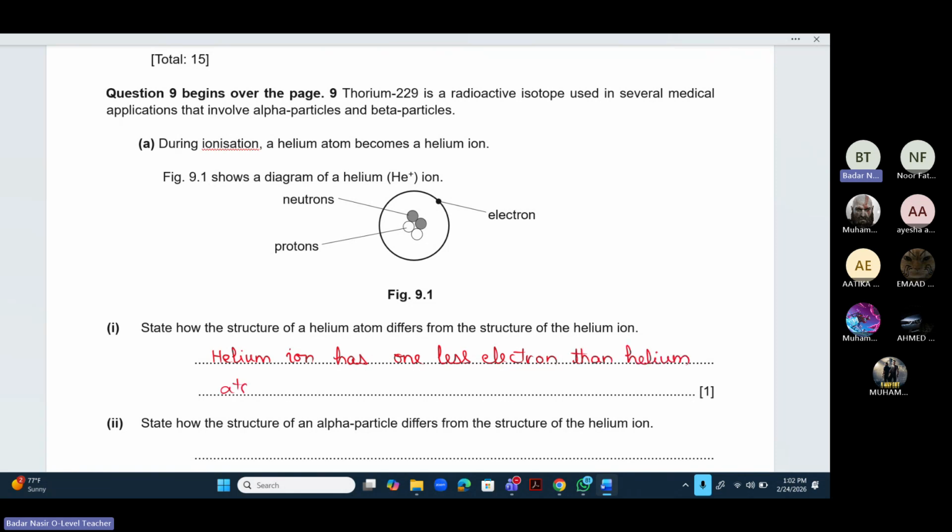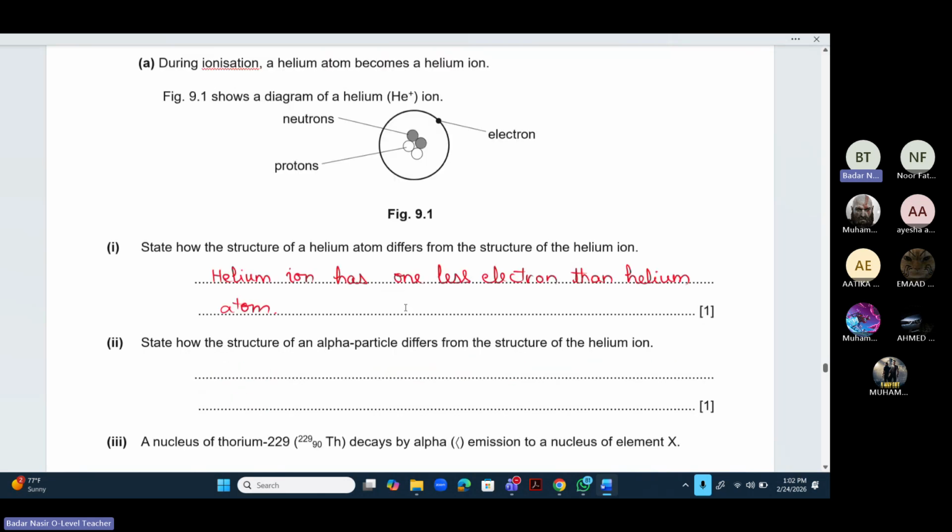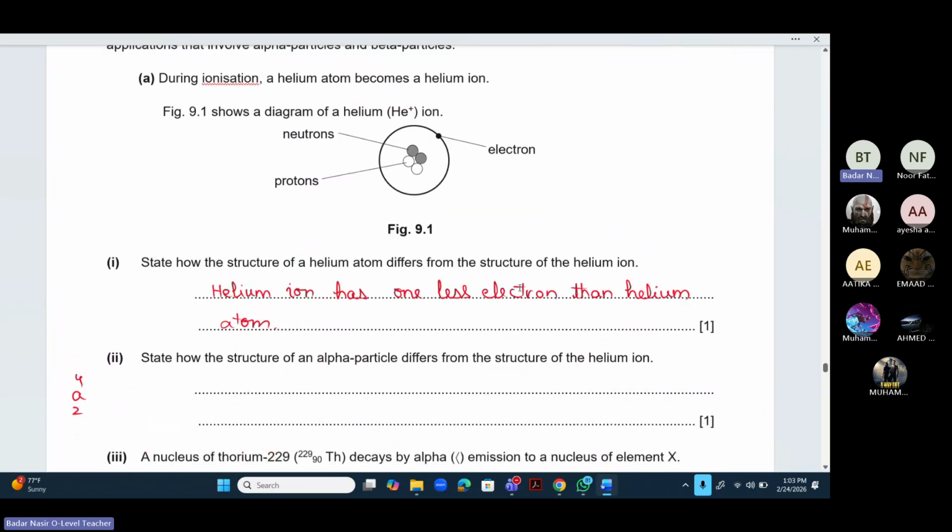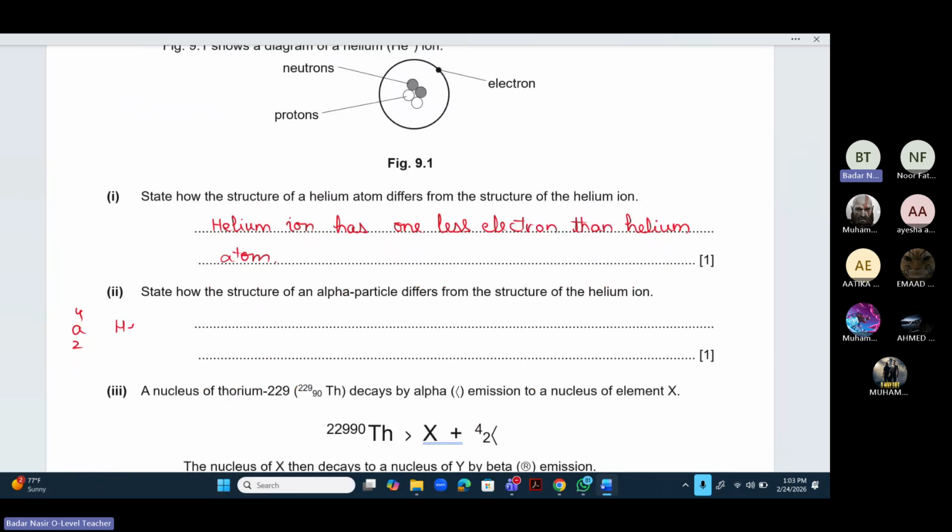Next part: state how the structure of an alpha particle differs from the structure of the helium ion. ठीक है? Okay. Alpha particle only contains protons and neutrons. It does not contain any electrons. जबकि helium ion का proton number बेशक 2 है, so helium ion has one more electron.